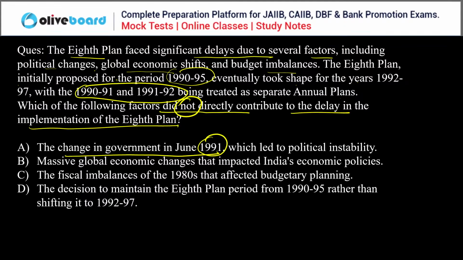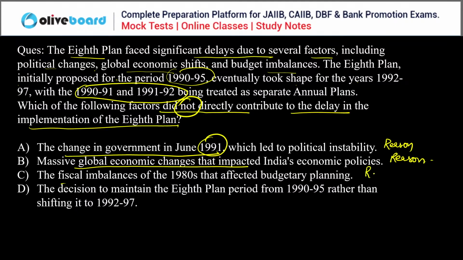Indira Gandhi died, then Rajiv Gandhi came. Rajiv Gandhi also died, and then the government had to change. These different changes of government led to the late implementation of the eighth plan. Massive global economic changes, yes, this was also a reason. These are the reasons for the delay in the eighth 5-year plan implementation.